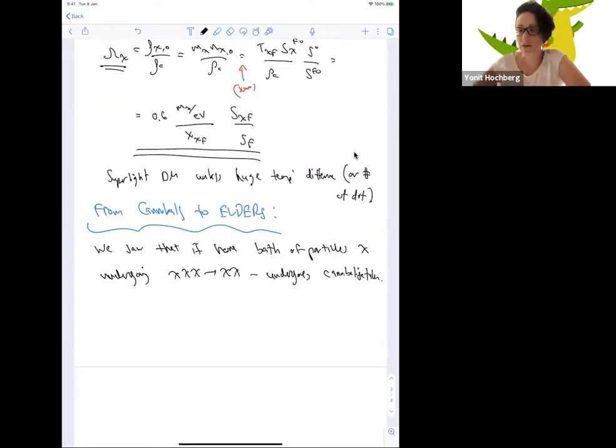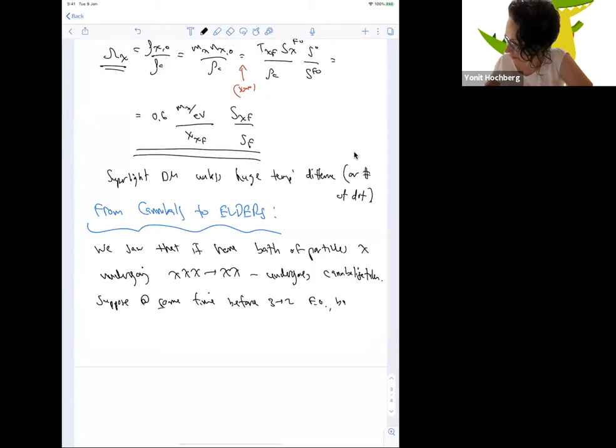Now let's imagine that at some time before this 3 to 2 process freezes out, this bath was at some point in its history in thermal contact with the standard model. Let's see what happens in this case. So suppose at some time before 3 to 2 freeze out, this bath was in thermal equilibrium with the standard model, and it decoupled at some temperature.